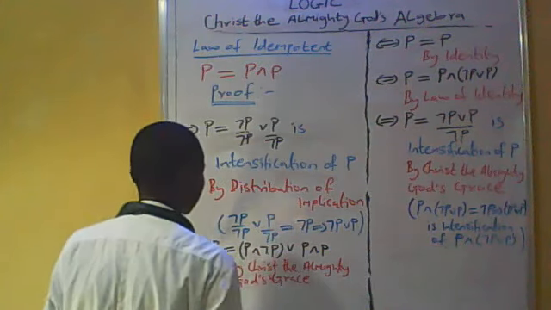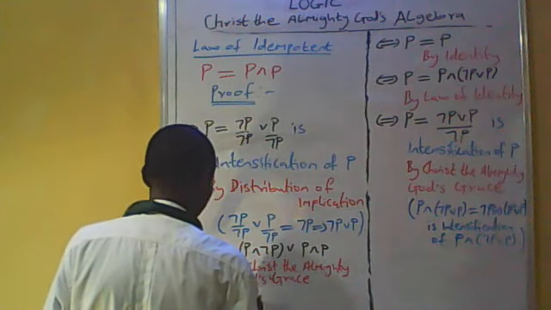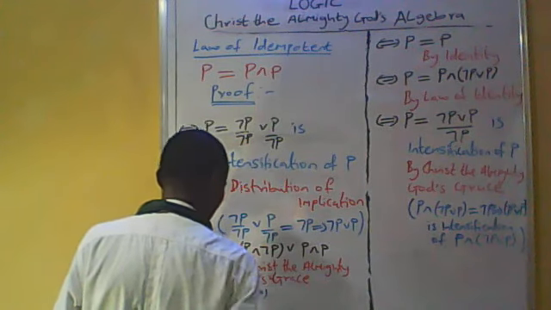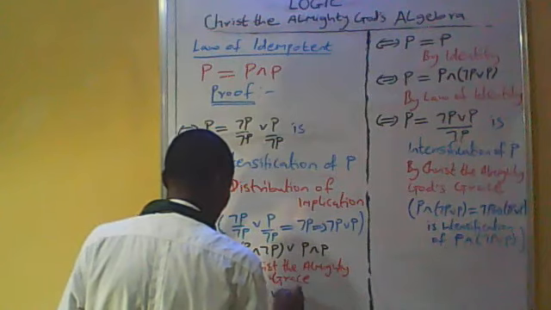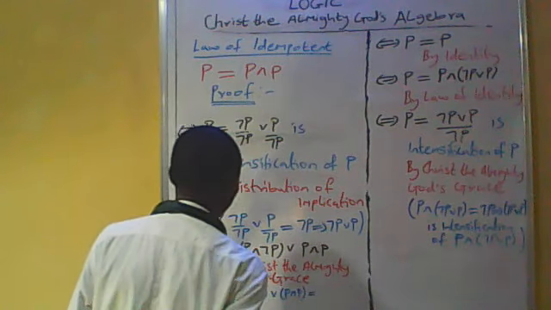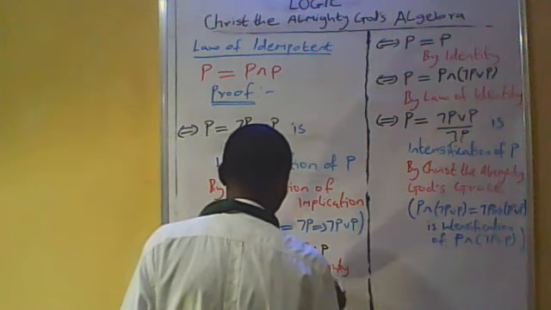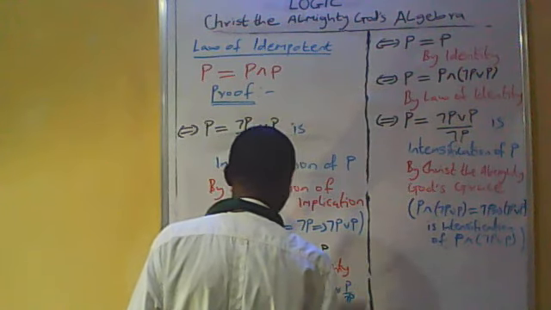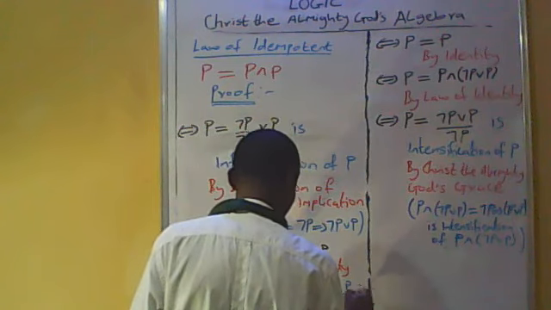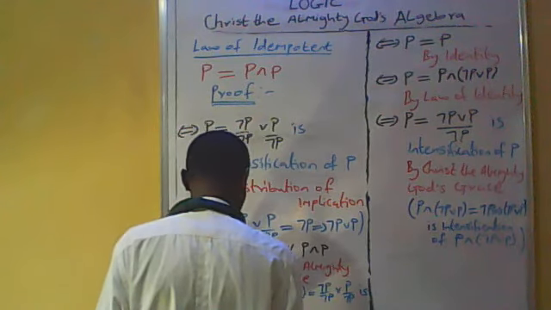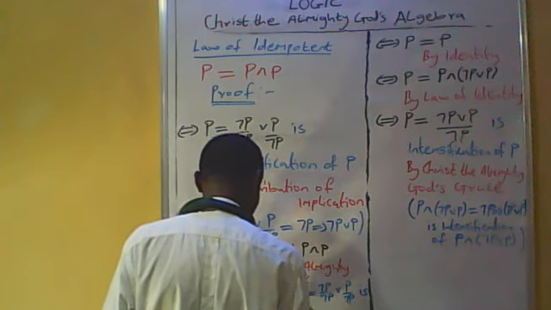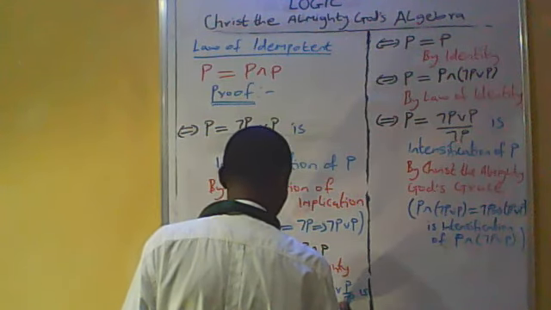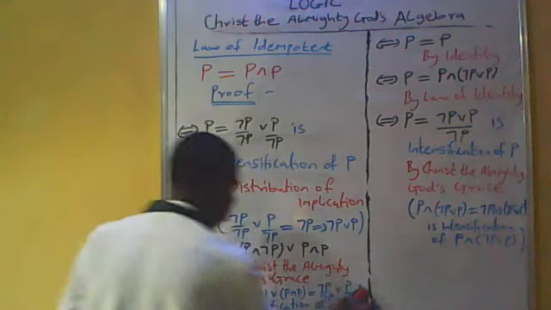That is to say that bracket P and not P, or bracket P and the P is equal to not P implies not P, or P implies not P, is intensification of P and not P. Or let's continue to the other side.